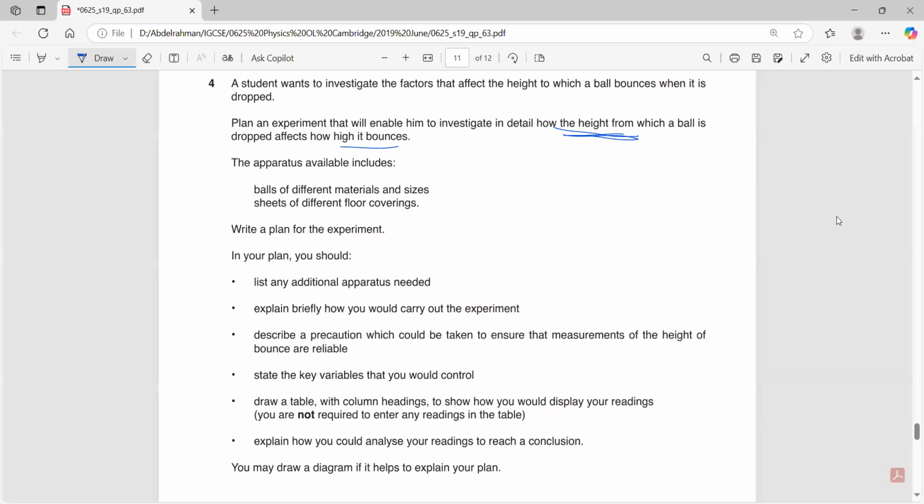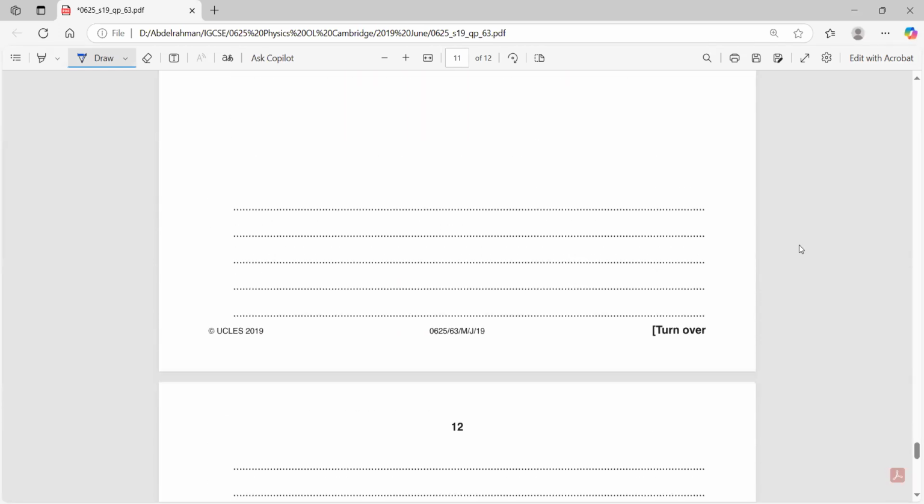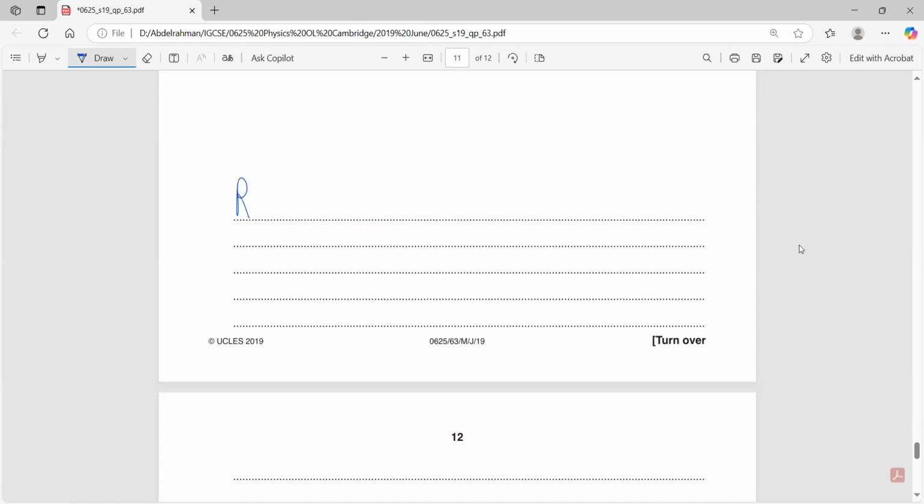This is the range of values, right? So first of all, you write down the range of values, the height of the ball when it's dropped, and then we need to state some values for this height.